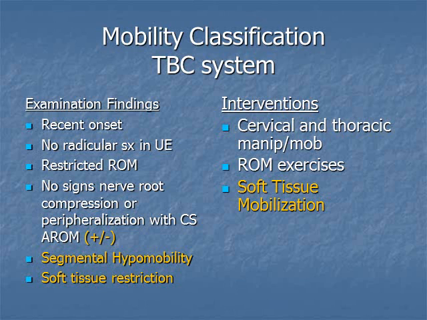So the interventions for individuals in the mobility classification system described in 2004 were cervical and thoracic mobilization and/or manipulation and range of motion exercises. And then additionally, I believe we might want to consider soft tissue mobilization as well.